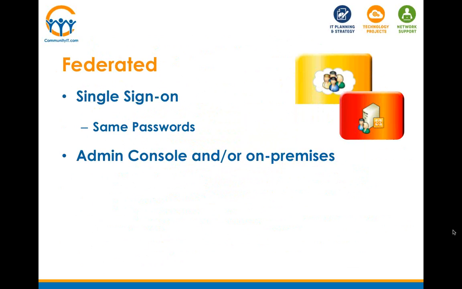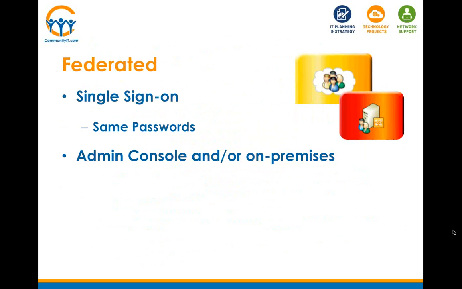Okay, so that's cloud-based. The other one is a federated migration. Federated migration means that you're implementing single sign-on, which means that you're establishing a trust between your servers and Microsoft Office 365 servers, and this will allow you to use the same password and manage your accounts on premises or also in the cloud.